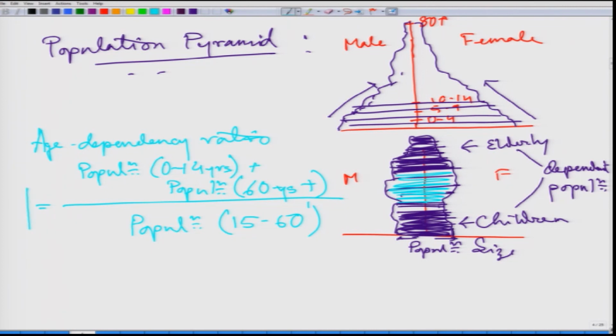The more the dependency is, one thing is that the country has to pay up, the larger section of the GDP goes to the social security. Yes, that's primarily because they need to support these young children as well as their education, their health, immunization, and so forth.